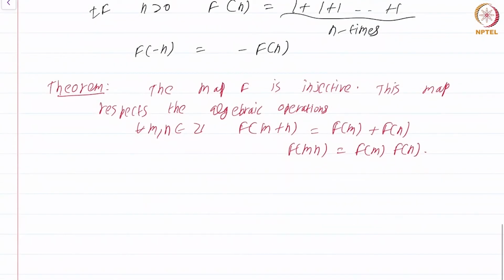Again, note carefully, the operations on the left hand side of both equations are the addition and multiplication in the integers, whereas the operations on the right hand side are coming from the field. If you are familiar with a bit of ring theory, what this theorem really says is that you have an injective homomorphism from the integers into any ordered field.